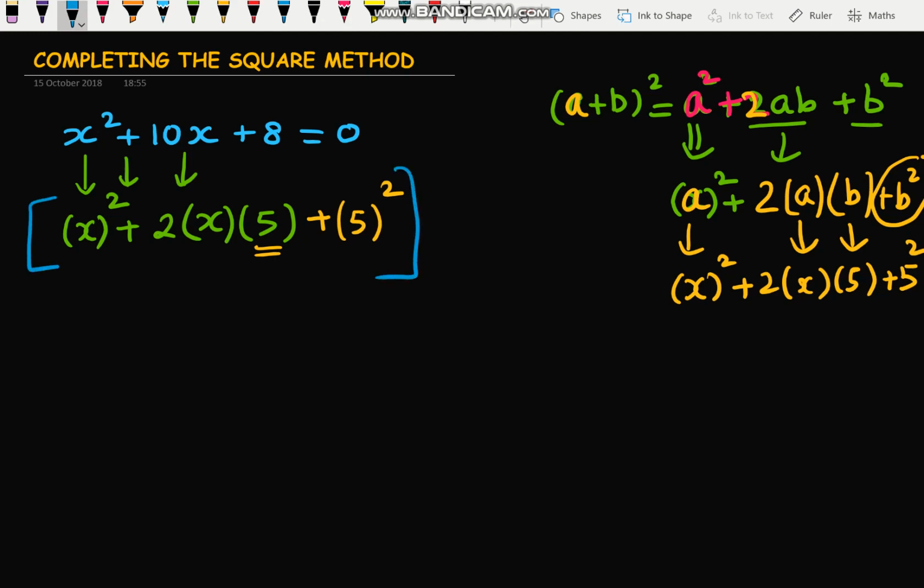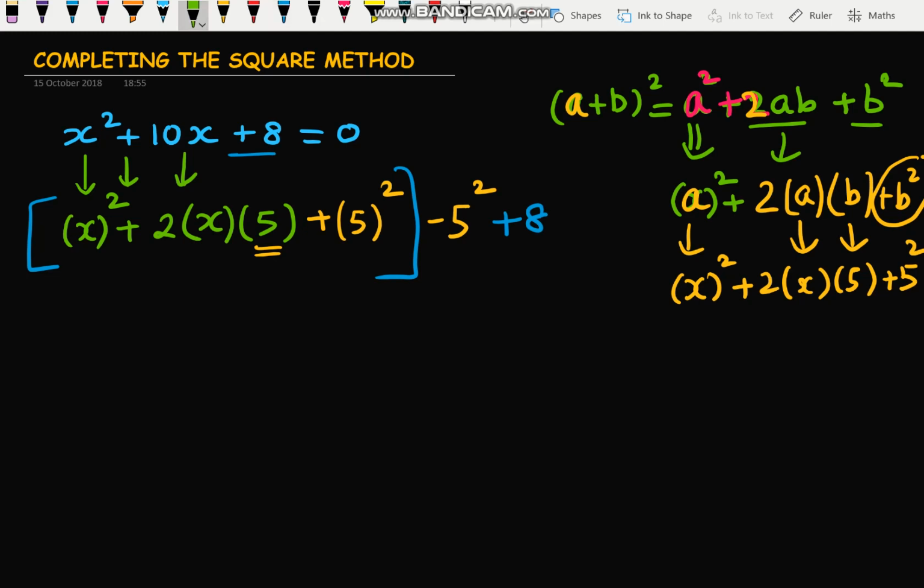I made this into a square plus 2ab plus b square. But this plus 5 square is additional that I've taken. So I'm simply going to minus this 5 square, because in maths you can't change the question, right? And again, they have given me plus 8 which I have not written. So I'm going to write this plus 8.